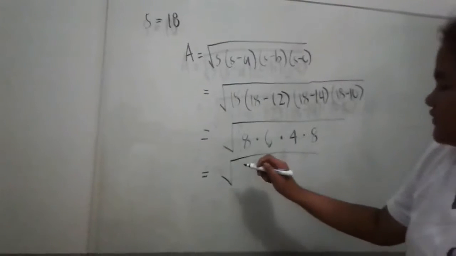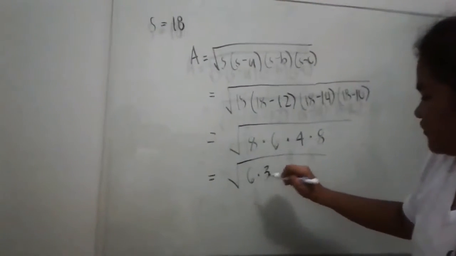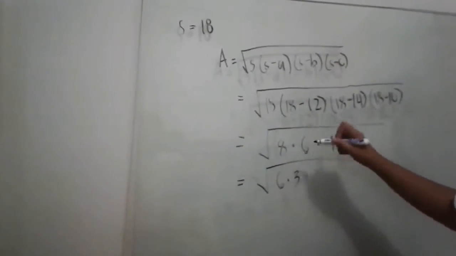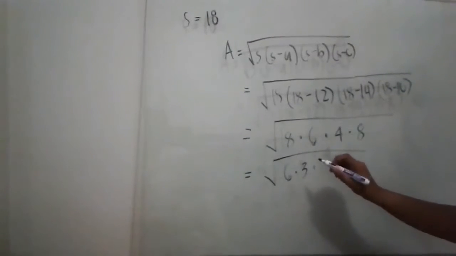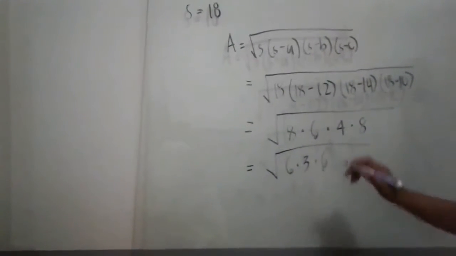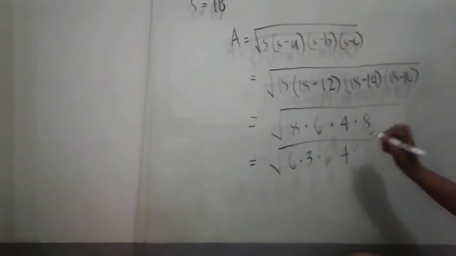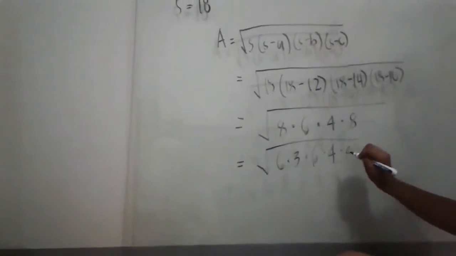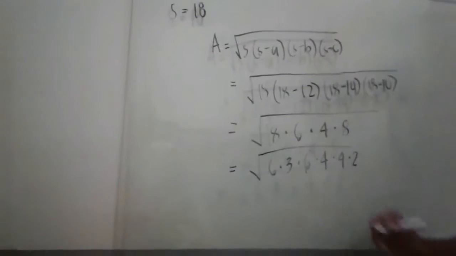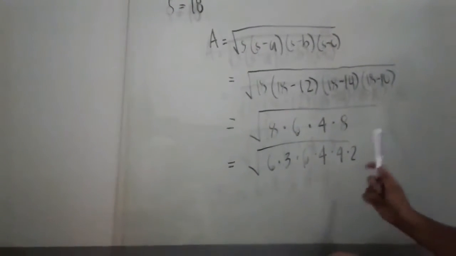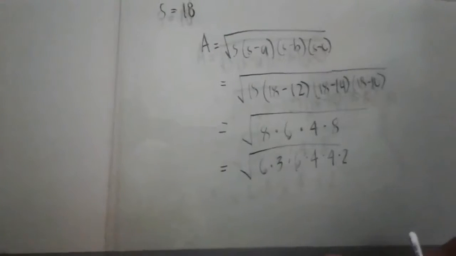For 18 we have 6 and 3. Then for this 6 we will just put it as 6 again. Then for the 4 again, and for number 8, 4 and 2. Let us remember that 2 square roots of the same number make a rational number.